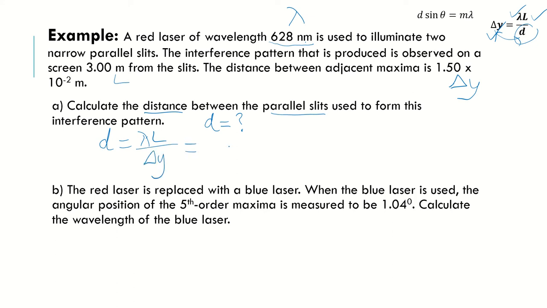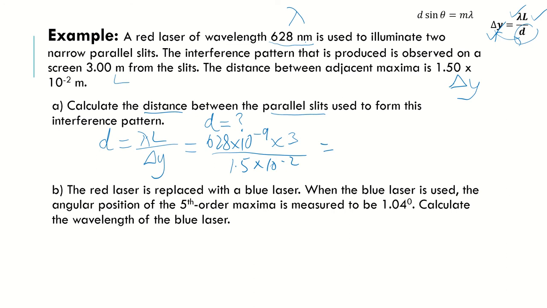And then that's simply just substituting in. We'll get 628, and then nanometers is times 10 to the minus 9 multiplied by L, which was 3, divided by 1.5 times 10 to the minus 2.